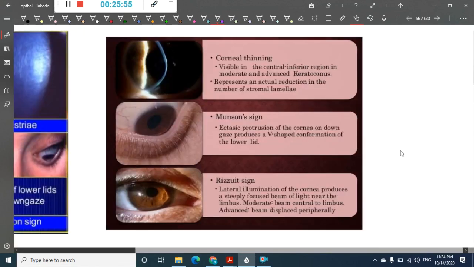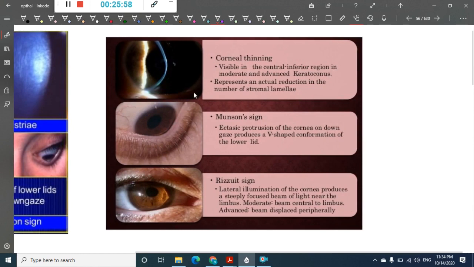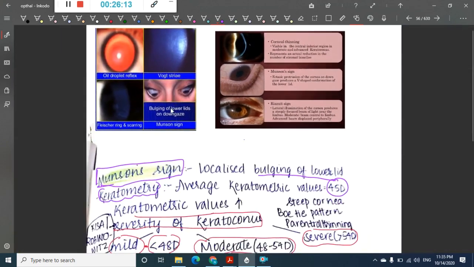Here you can see the thinning of the cornea. And this is the Munson sign: when the patient looks downward, you can see the ectasia of the cornea. This ectasia of the cornea is keratoconus.